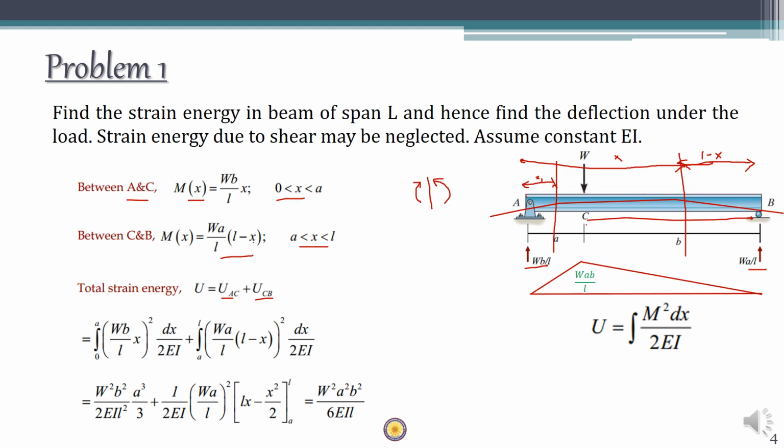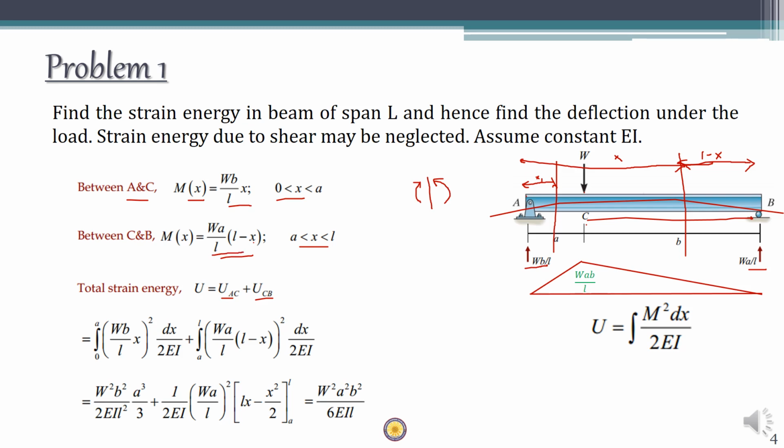So for the first section, strain energy will be integral 0 to A of WB by L multiplied by x, the whole square, into dx divided by 2EI, plus for the second section the Mx is this much.